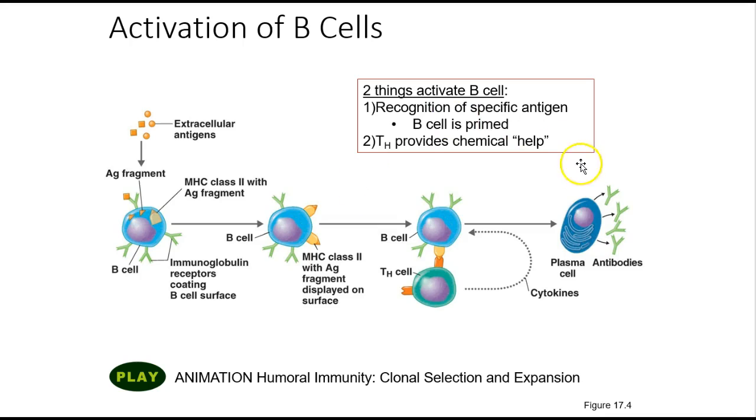Some of those clones will become plasma cells, and some will become memory cells. The plasma cells will start making antibodies. Remember we said that the most efficient ones will make up to 1,000 in 60 seconds. And remember, these just float around, find whatever those foreign molecules are, tag them, and then white blood cells or something else will come and kill them.